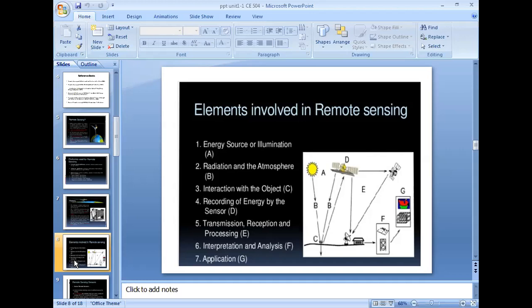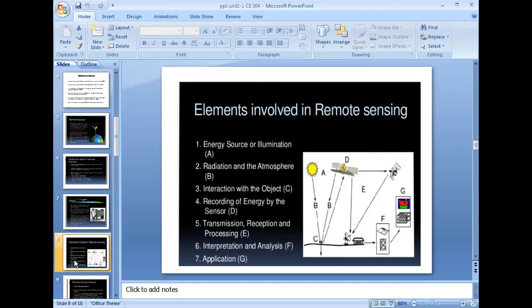Okay, so now come to the elements involved in remote sensing. What are the different types of elements? There are several elements we can observe in this figure. First major source is illumination, that is the energy source.